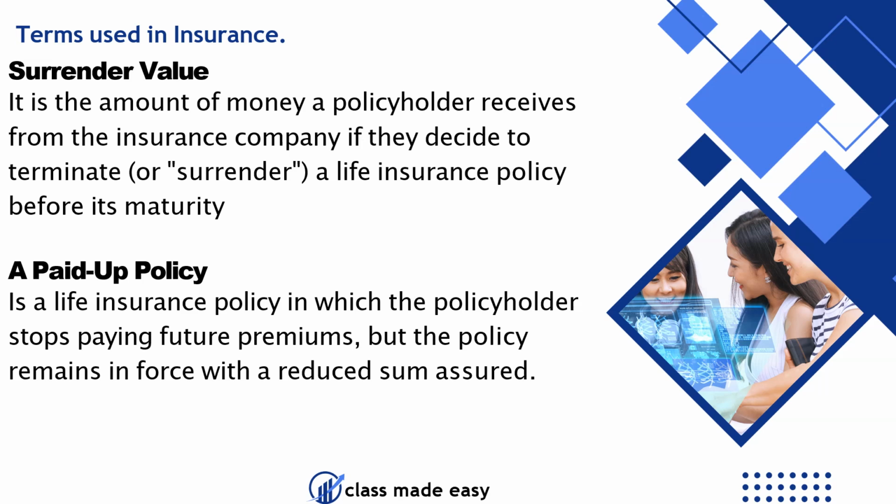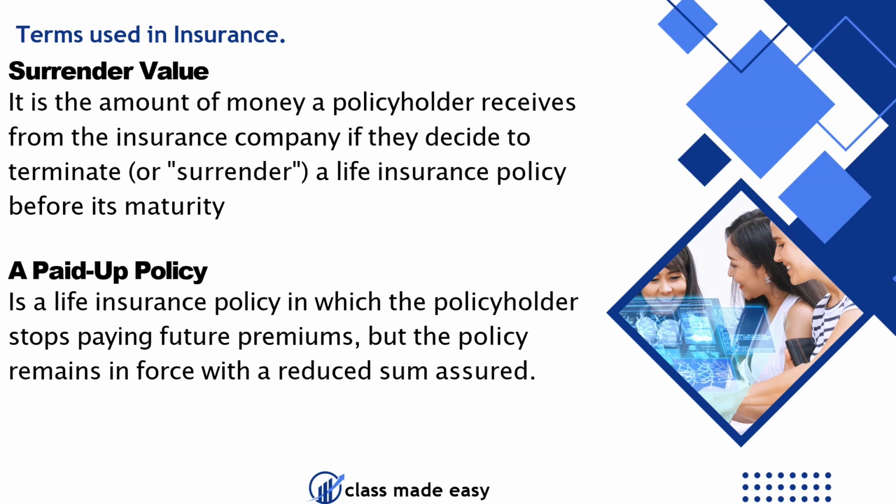Then we have what we call a paid up policy. We know that it is a life insurance policy in which the policyholder stops paying future premiums, but the policy remains in force with a reduced sum assured. So with a paid up policy, you're going to find the person who is insured pays a bigger amount.